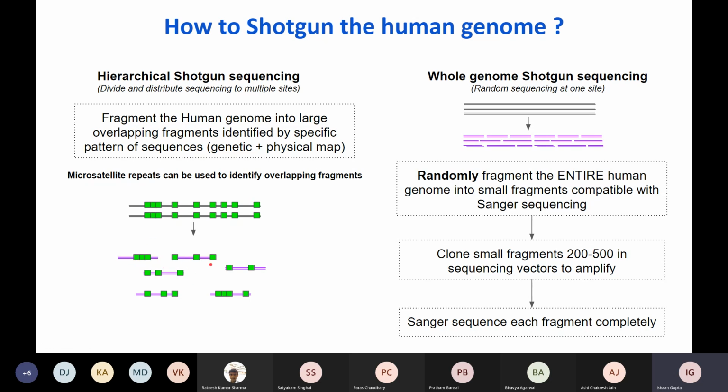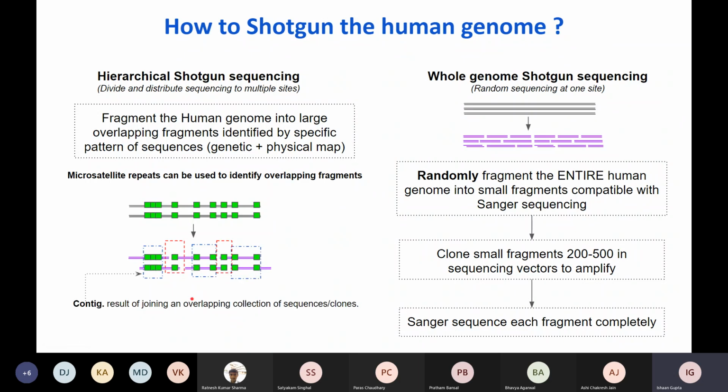Microsatellite repeat mapping can also be replaced by RFLP, as Ratnesh was talking about. Once you have this microsatellite mapping, I hope you can see certain patterns. You see that these three repeats are also coming up in another fragment. So most likely they are overlapping, right? Similarly, these two close-by repeats are coming up in another fragment, right?